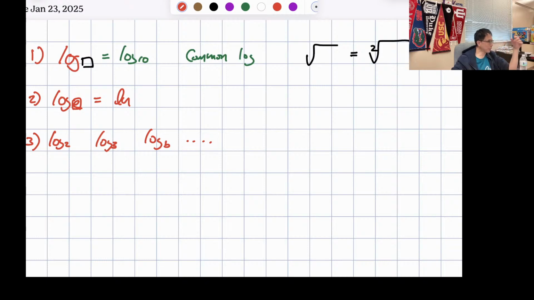Now, when do we use common log? There are three situations that use common log. One is sound, decibels. Another thing that uses logarithm is earthquakes. The earthquake scale, I don't know what it's called.